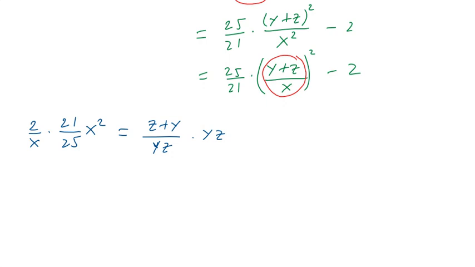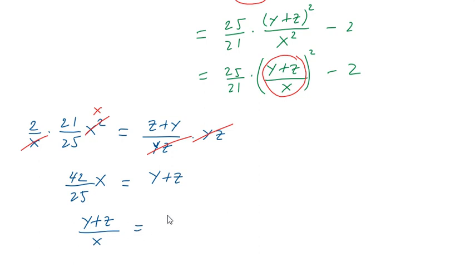So now I can cancel common factors. I can also cancel x here, so there is one remaining x here. If we simplify this, we get 42 over 25x equals y plus z. And from here, it's very clear that the value of (y plus z) divided by x is equal to 42 over 25.